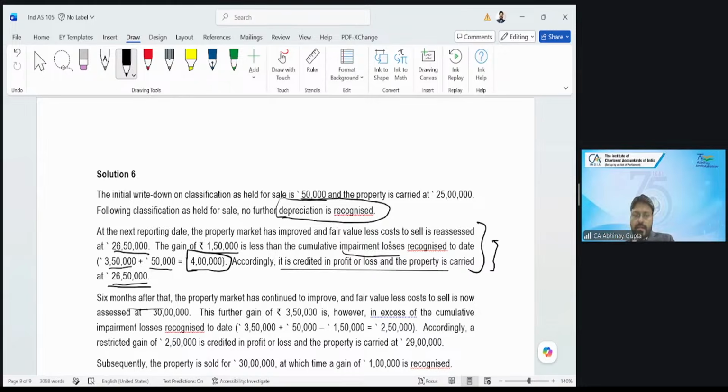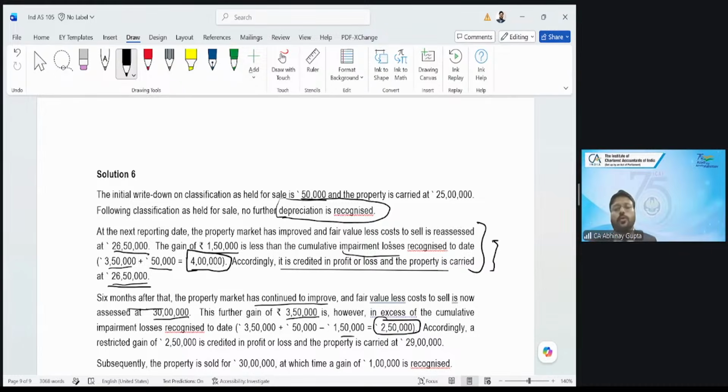Now, 6 months after that, the property market has continued to improve and the fair value less cost to sell has now increased to 30 lakh, right? The further gain of 3.50 is, however, in excess of the cumulative impairment loss recognized to date, that is 4 lakh, right? So 4 lakh minus 1 lakh 50,000, which we have recognized already last year. So only the 2 lakh 50,000 remaining impairment loss we are sitting with, which we can reverse because of the change in the circumstances.